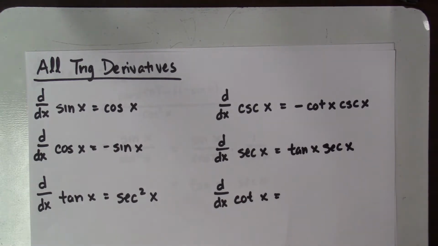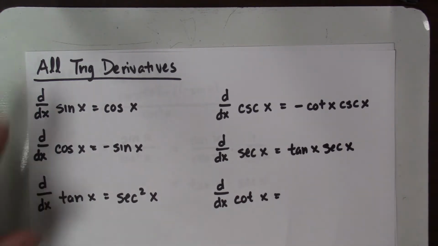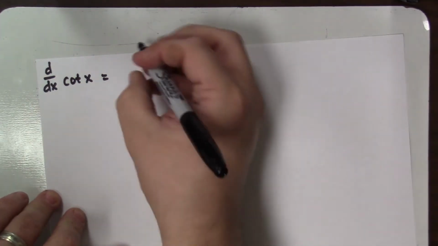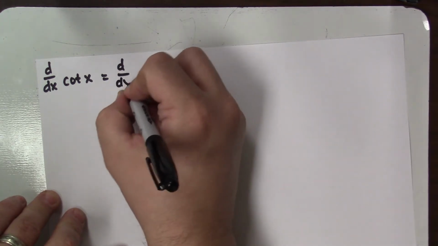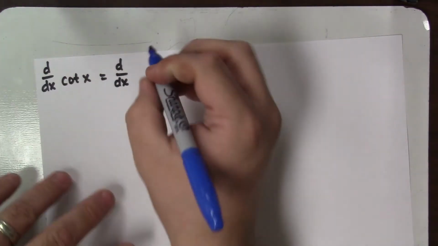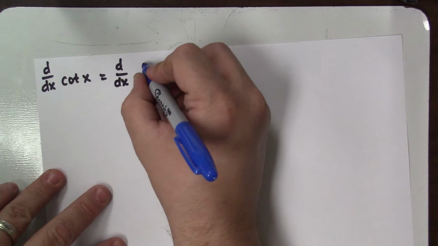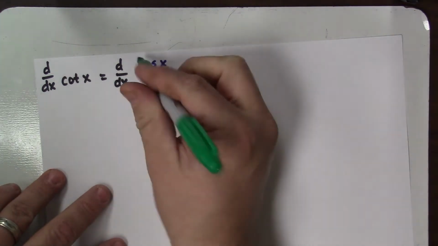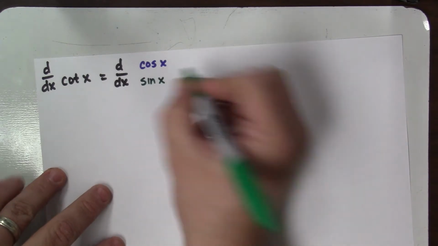All right, we've got one more to go. That's going to be cotangent. So the derivative with respect to x of cotangent x. Now cotangent is cos over sine. It is the reciprocal of tangent. So that is cos x over sine x.